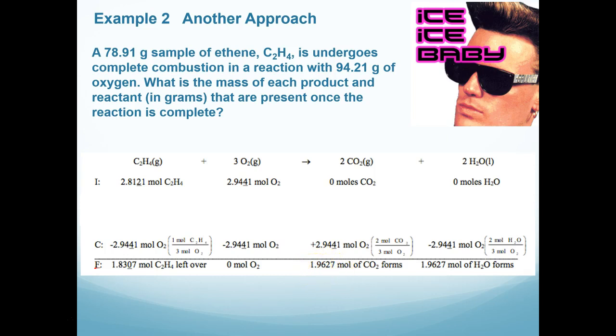So you don't have to use the ICE table for our class, but just so you've seen it, all right? And then if you want to use it, you're more than welcome to. So if you wanted to calculate your theoretical yields, again, you would take them from moles to grams, and then you have the number of grams down here.